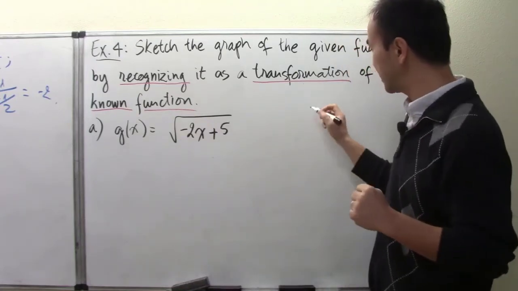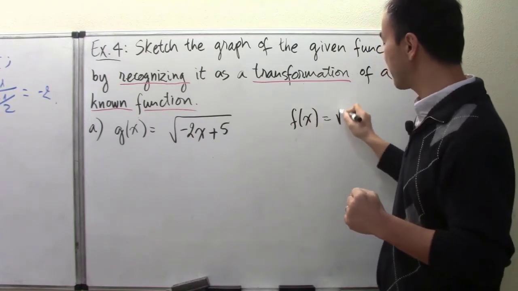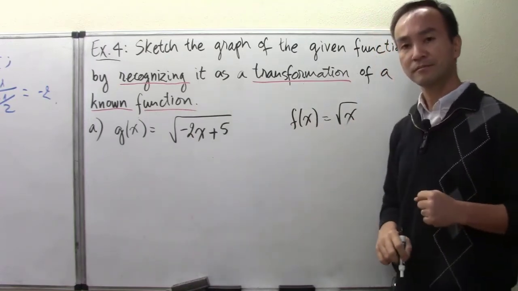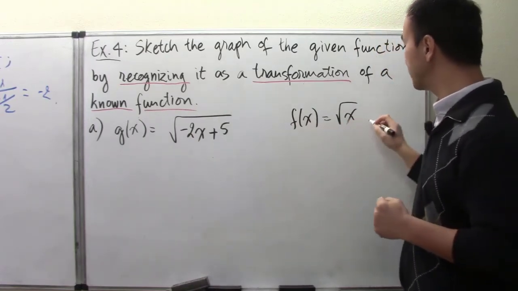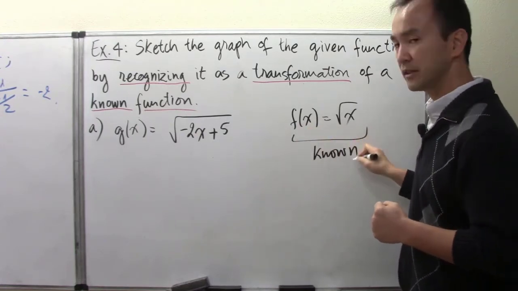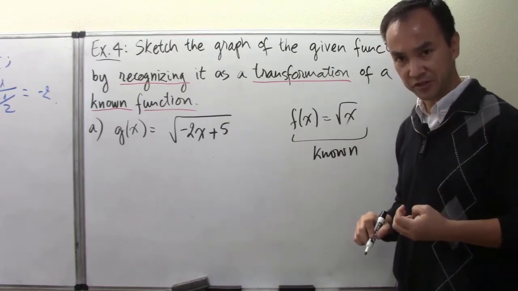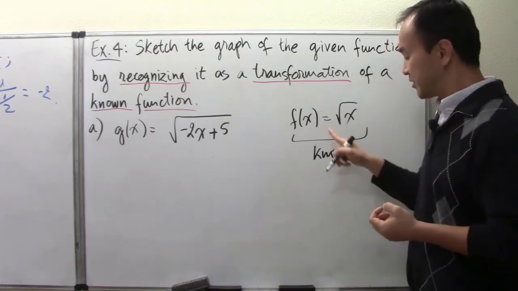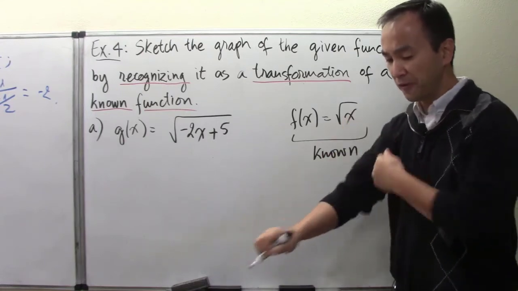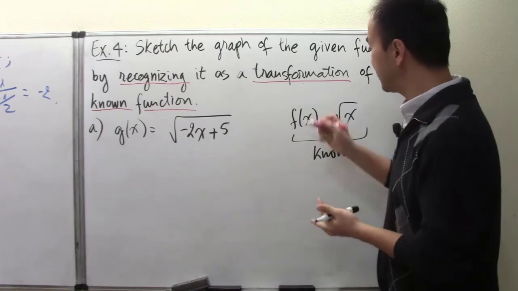The only thing I know is that we have seen f of x equals square root of x. And I'm saying that this is known simply because it was one among the toolkit functions that we have learned from earlier lectures.